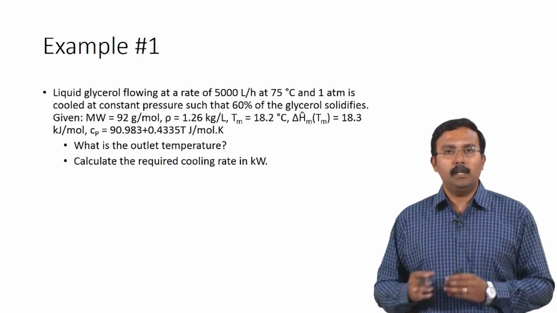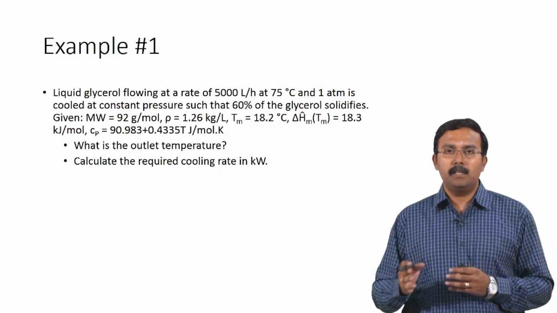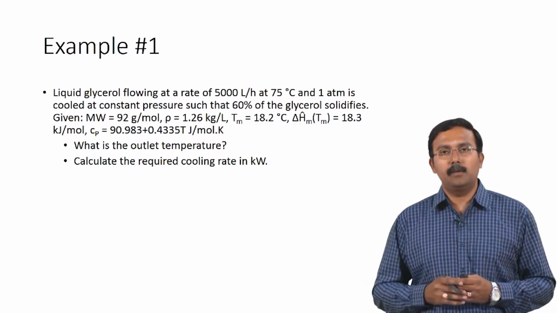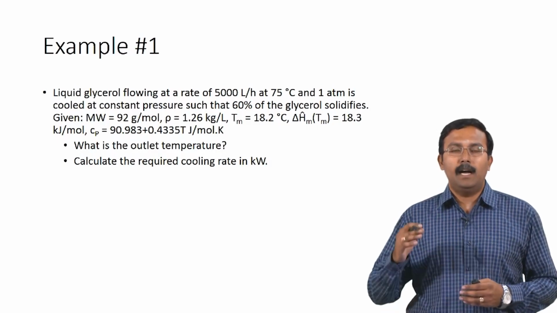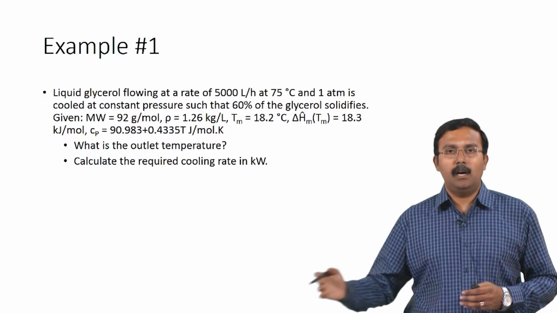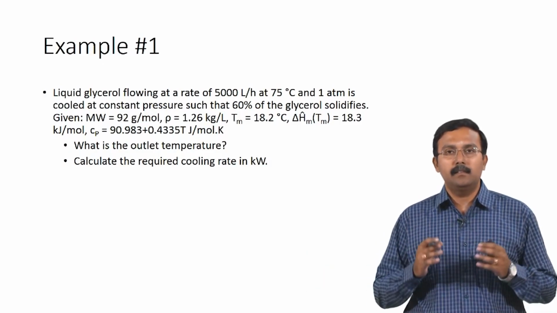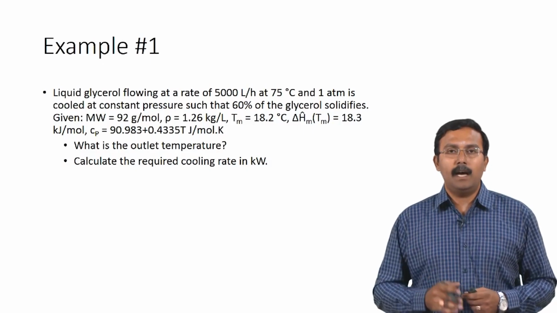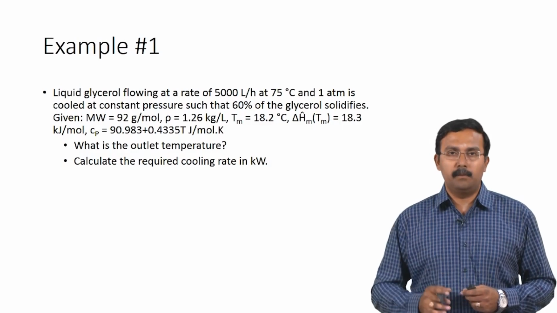Here we know that the outlet condition contains liquid, so 40% of glycerol which comes in actually remains in the liquid phase, while the other 60% has solidified. So this means at this particular temperature, which is the outlet temperature, the solid and liquid are existing simultaneously. This would happen only when you have the mixture at melting point.